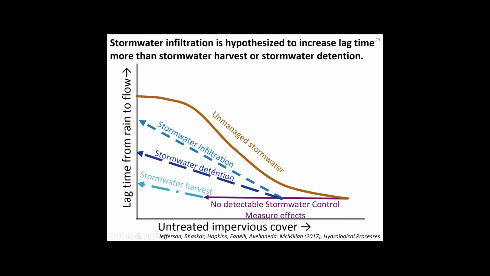So for example, the stormwater infiltration line here would increase our lag time the most out of these types of stormwater control measures, because we're putting that stormwater into some much longer flow paths with longer travel times through the groundwater subsurface system, compared to, for example, on the other end is stormwater harvest, where we're actually removing that water from the stream altogether through either evapotranspiration or indoor use, and so this is not going to be affecting the lag time much.